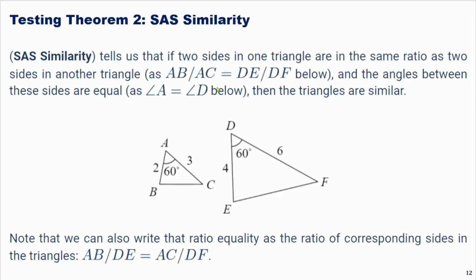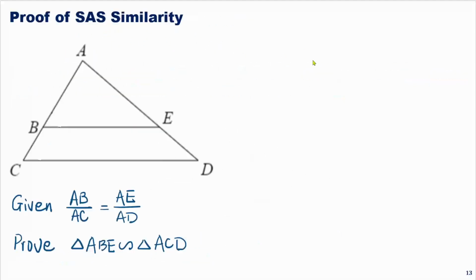Yeah, SAS, got it. And actually, we can also prove the SAS similarity like this. So let's consider this problem here. Given AB over AC equals AE over AD, we can prove these two triangles are similar using this method. So I'll just give you the proof here.